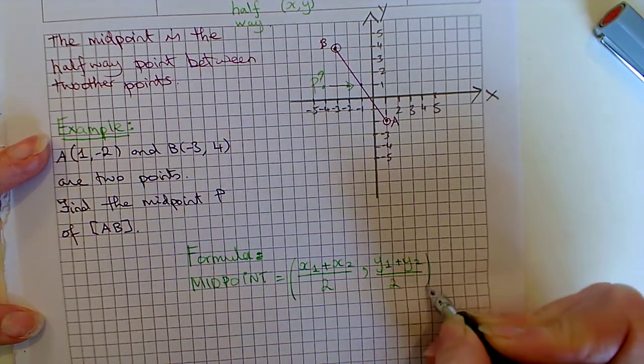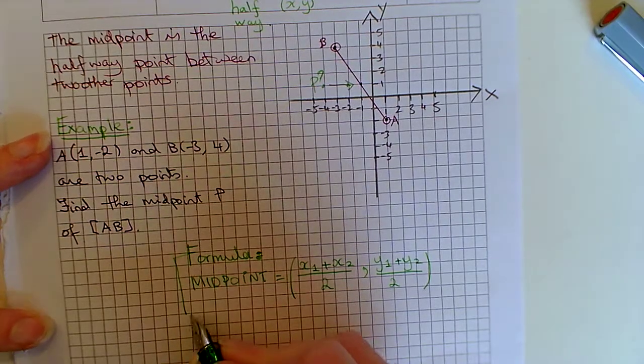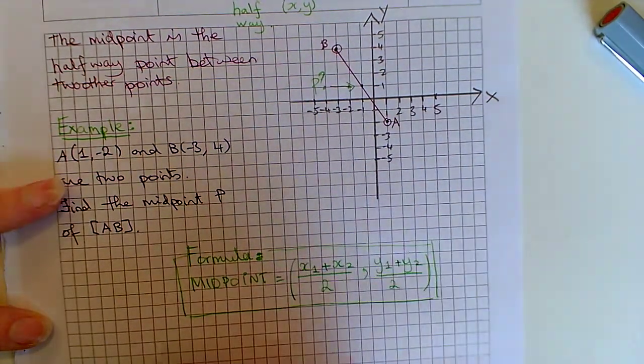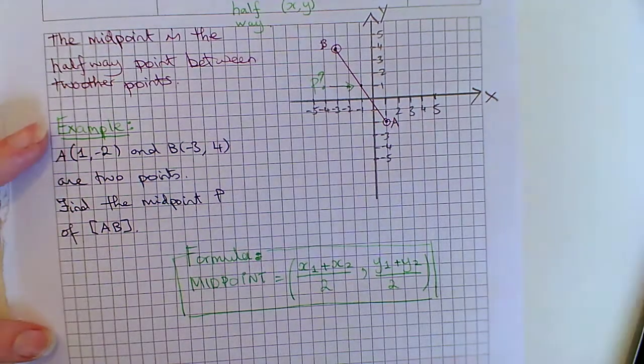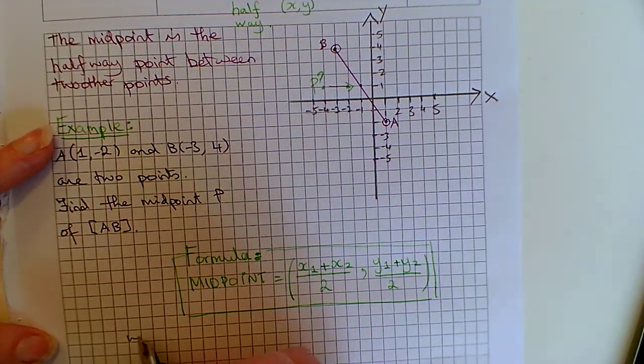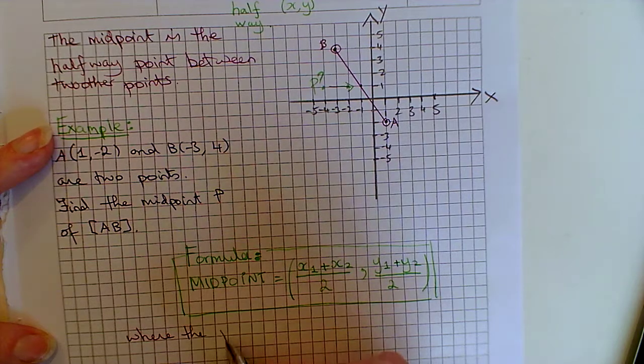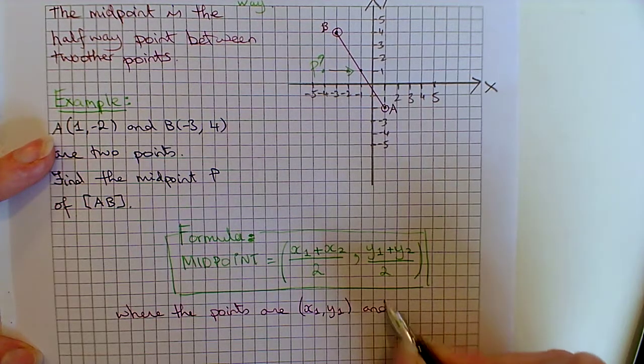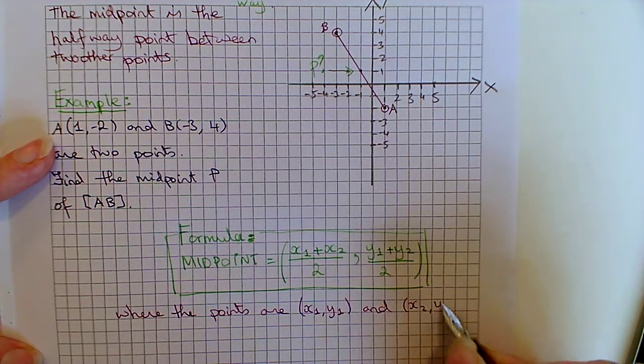Now that doesn't make too much sense yet. Let's put it in a box. I'll show you how to use it. There's my midpoint formula, and we need to write down something about it, where the points are x1, y1 and x2, y2.